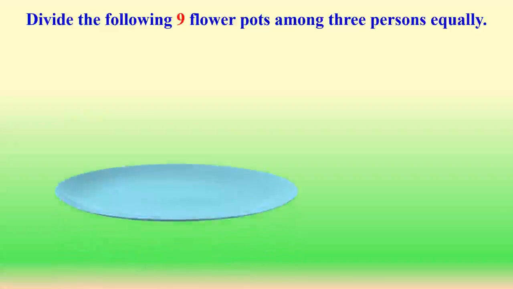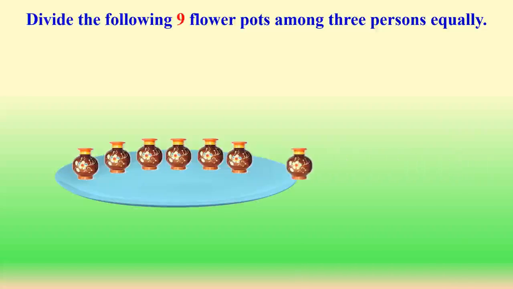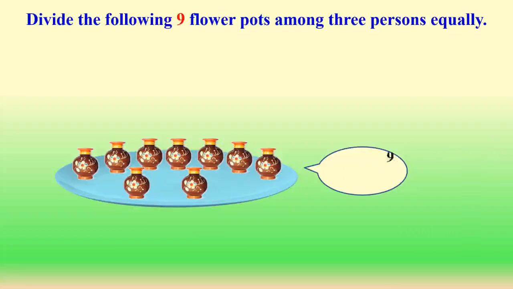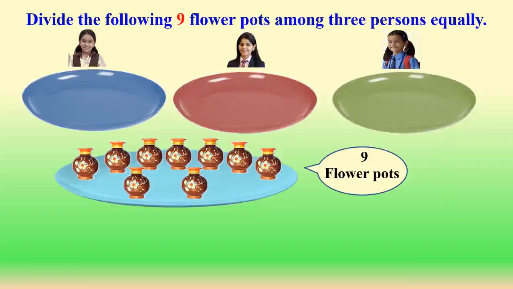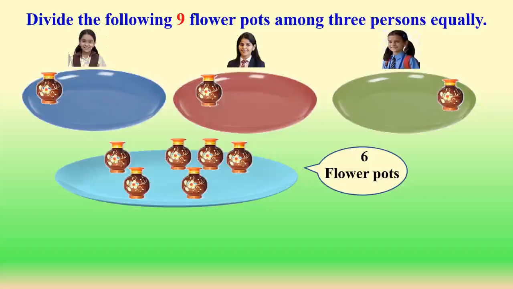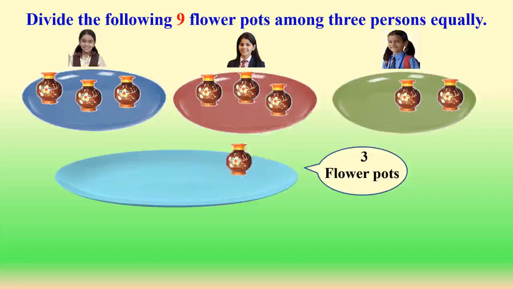Divide the following 9 flower pots among 3 persons equally. Here we have 9 flower pots, 3 persons. First we give them each one. There are 6 flower pots. Again we give them each one. There are 3 flower pots remaining. Next we give them each one.